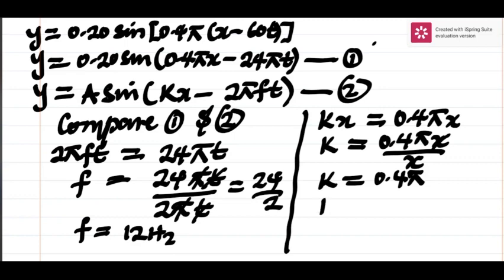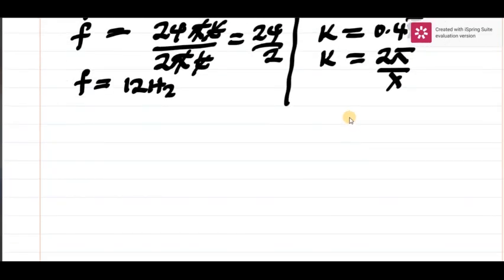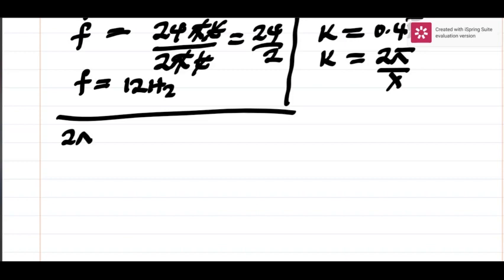But generally k is expressed as 2π all over wavelength. If we work with that, we compare both sides. That means that 2π all over wavelength is equal to 0.4π.